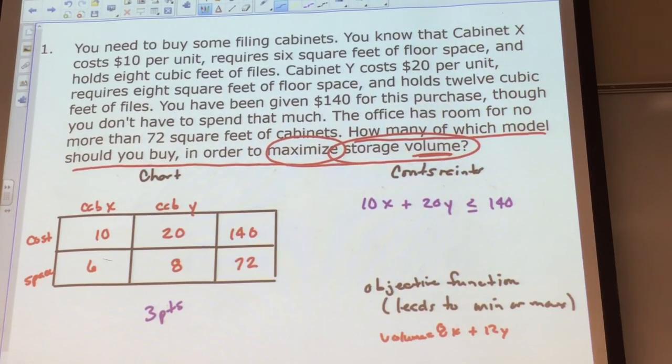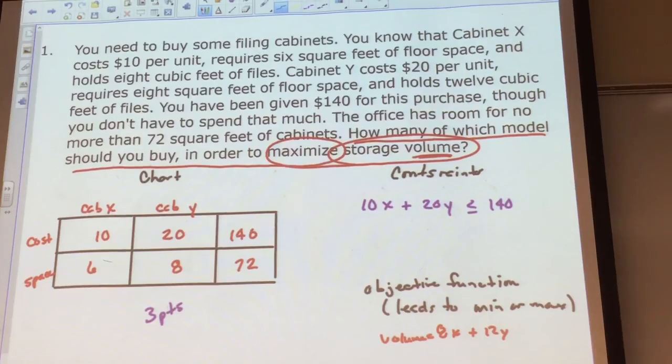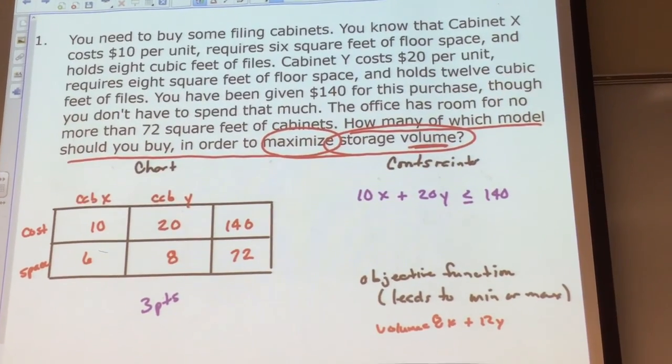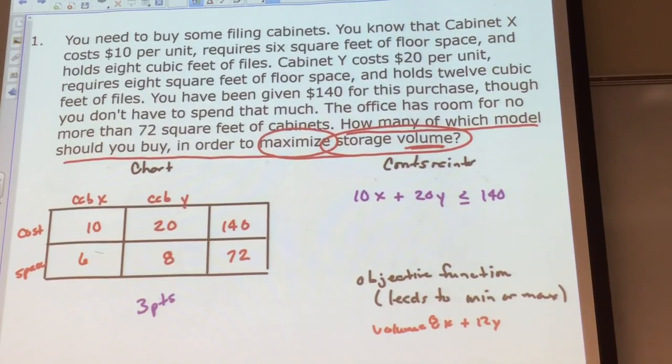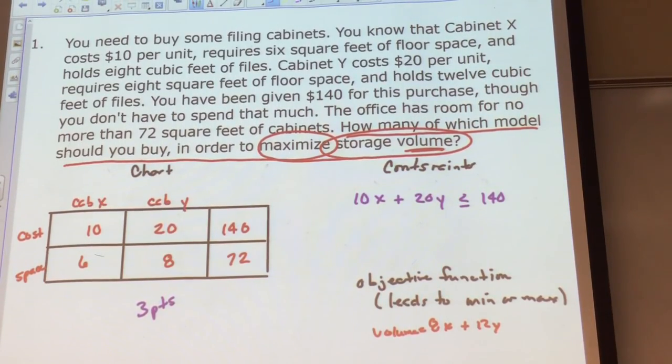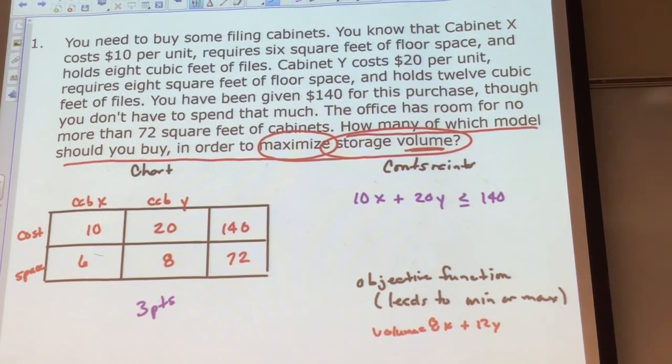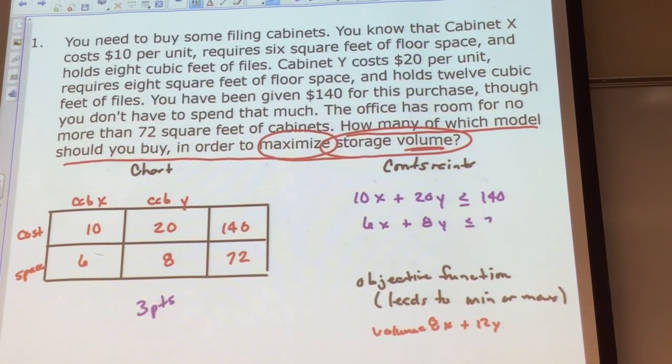I've been given $140. I can't spend more than $140, but I could spend all of it. And I could come back with some change. Who knows? So even though it's not written as an inequality statement in the problem, we know it has to be an inequality. And 6 square feet and 8 square feet cannot exceed the 72 square feet.